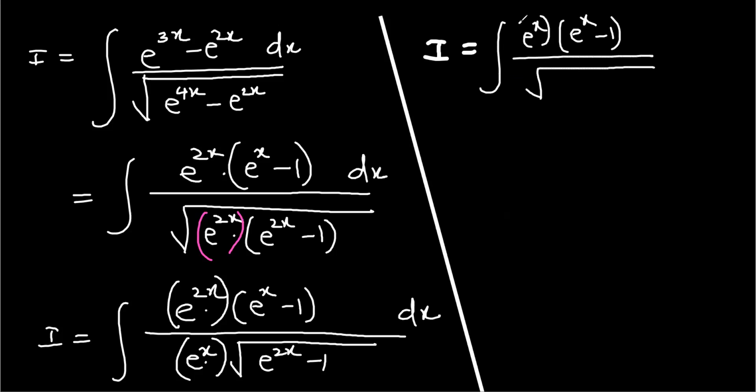You should understand how you got e raised to x, because here I had e raised to 2x and this is e raised to x, so 1 e raised to x got cancelled. So e raised to x into e raised to x minus 1, and here I have inside the square root e raised to x minus 1. I write this as e raised to x the whole square minus 1 dx.